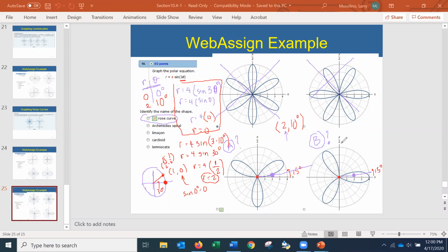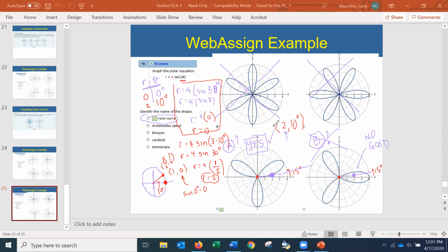Well, if you look at graph B, my purple dot doesn't fall on the graph. No good. My purple dot is not on the graph, so graph B is out. How about graph A? Yeah, graph A looks good because my purple dot is falling on the graph. So the answer here is this bottom left corner, the correct graph.